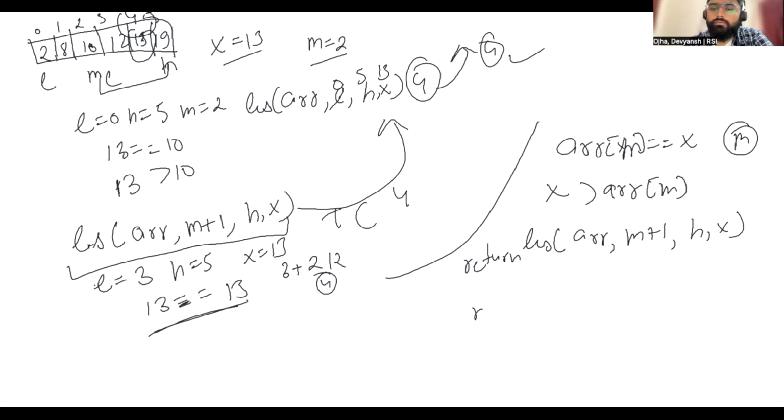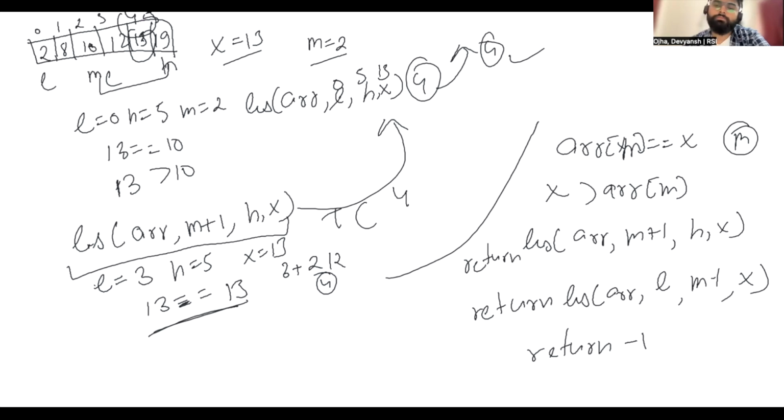Else, what we will return? Binary search ARR, comma, here L will be the same, h will become m minus 1, comma, x. And if everything is wrong, and we are not able to get the value itself, then at last we'll return -1. So this will help us to get the actual index.